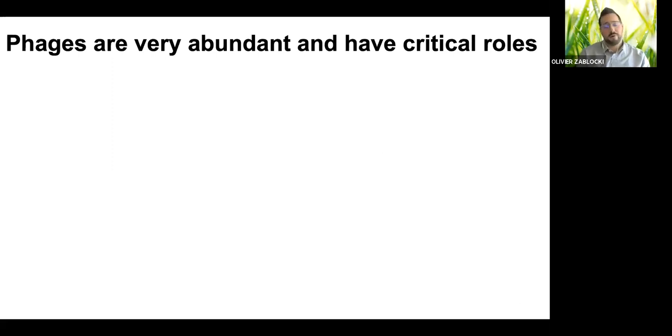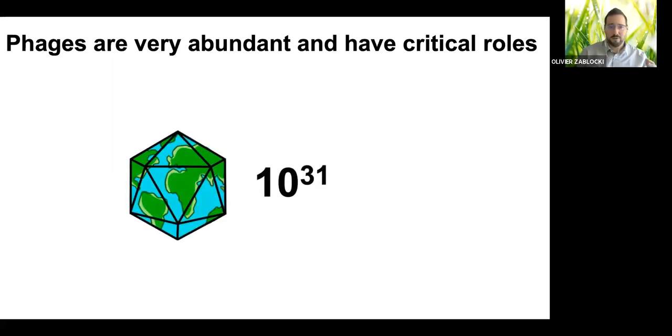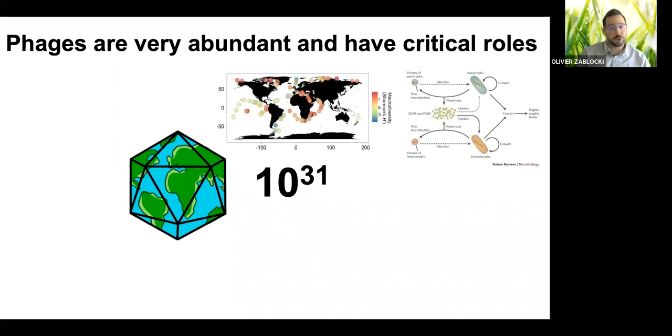And we now know that they are incredibly abundant, 10 to the 31, all over the globe. It's estimated that that is their numbers, and that they have critical roles to play in every ecosystem where they've been looked at. Throughout the global oceans, viruses lyse about a third of all the host cells in oceans. This in turn has consequences in the recycling of nutrients throughout the global oceans and the trophic food web consequences thereof.